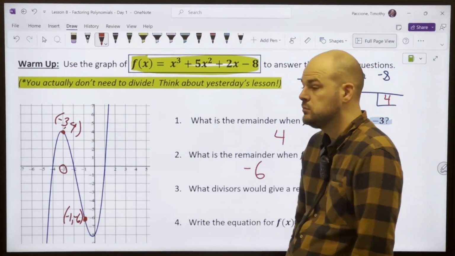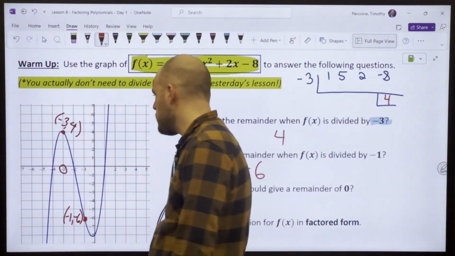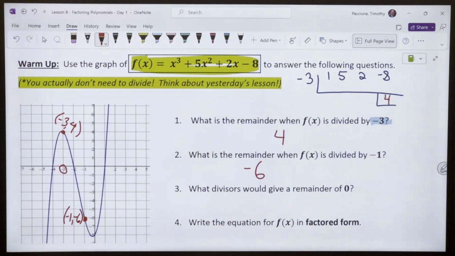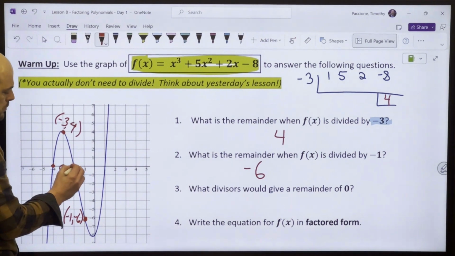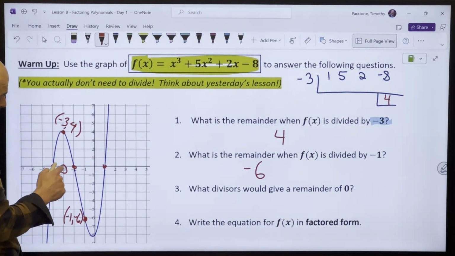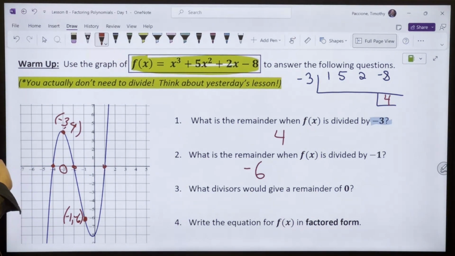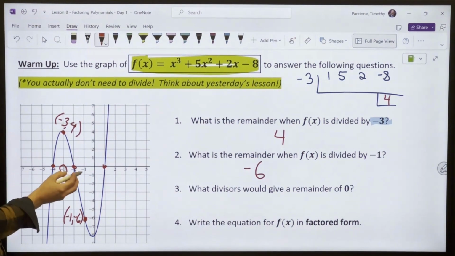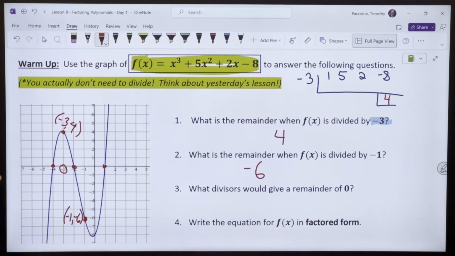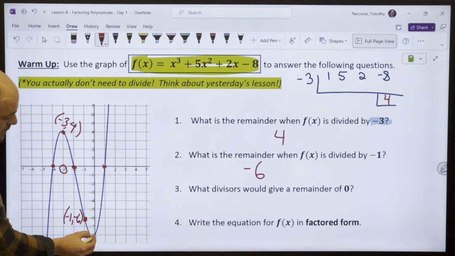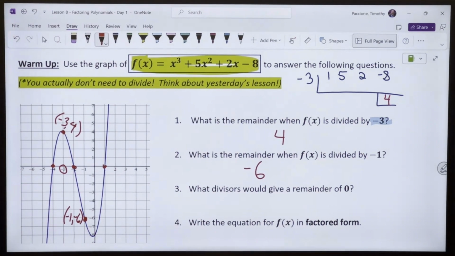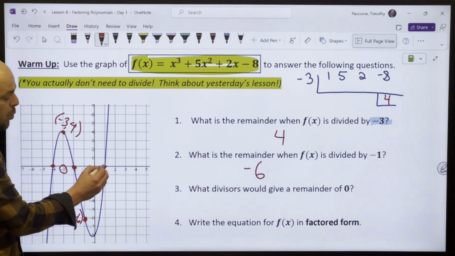Well, -4, 1, and -8? Back over here? Oh, no, on the y. No? So this point down here is when x is 0. And your remainder is your y value, right? So -4, -2, and 1.